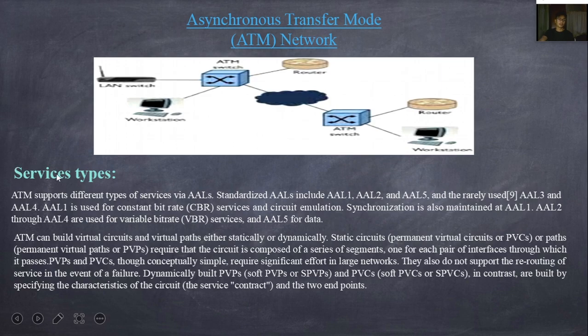Service types of ATM. ATM supports different types of services via AAL, or ATM adaptation layers, the standard ones include AAL1, AAL2, and AAL5, and they are rarely used on AAL3 and AAL4. AAL1 is used for constant bit rate, or CBR, services and circuit emulation.